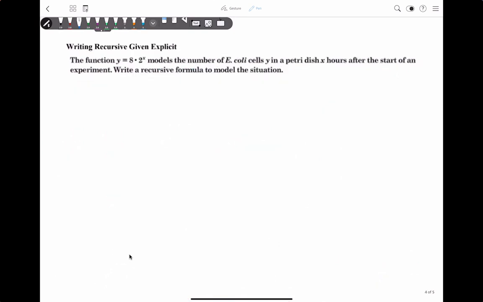All right, our last couple of examples that we have here. The function is explicitly given, and it's y is equal to 8 times 2 to the power of x. 2 is the common ratio. It basically doubles each jump, and it's raised to the power of x.